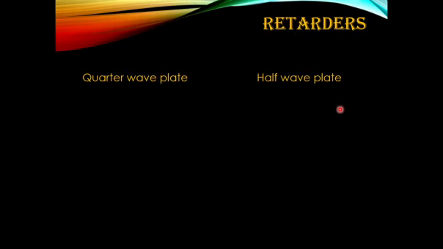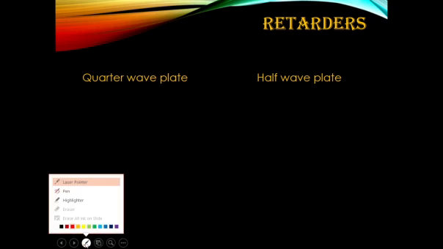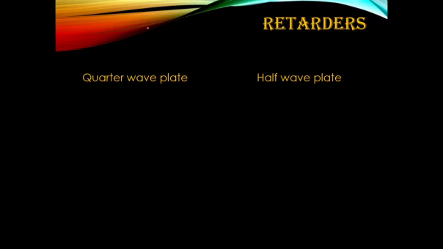Okay, so coming to our next topic, that is retarders. So what do you mean by retarders? In the last concept you have seen two linearly polarized light components falling on a crystal in such a way that, this is the surface, so let this be the optic axis.